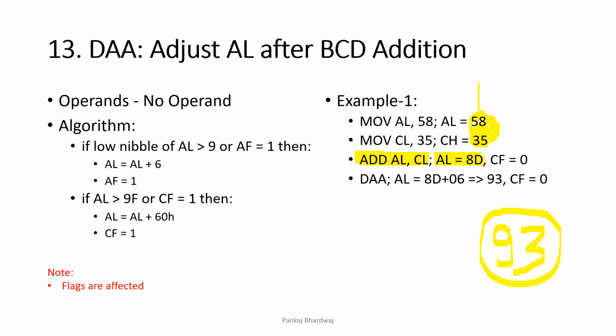So this D is greater than 9. When it's greater than 9, we need to add 6. So 8D will be added with this 6 to get the result 93. If in this case a carry comes, then the carry flag is set. Otherwise there is no need to set the carry. So in that case we need to check what flags are affected.